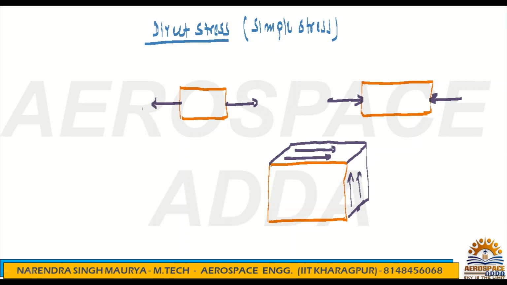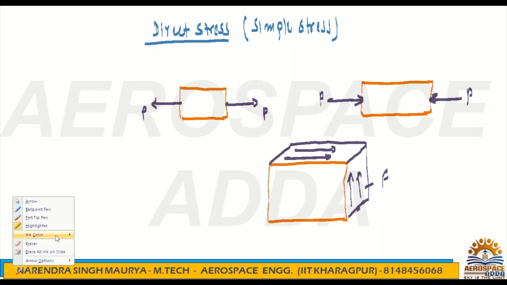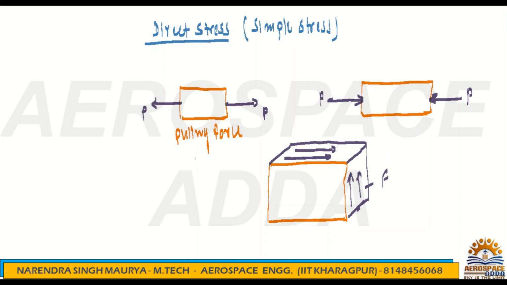So just listen, this load is P, this is also P, and obviously this is F. This type of loading is a pulling force. Both forces are pulling, meaning the direction is outward from the surface. So a pulling force or load is called tensile load.